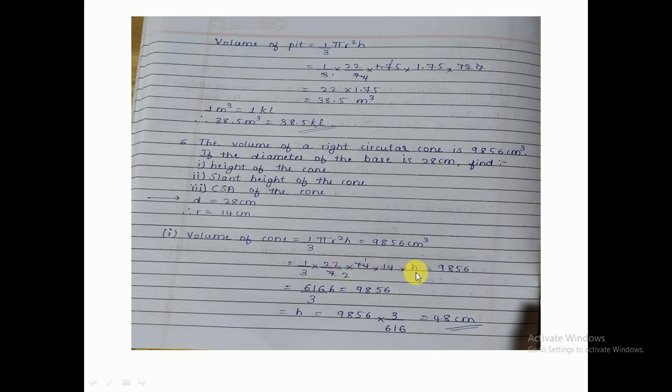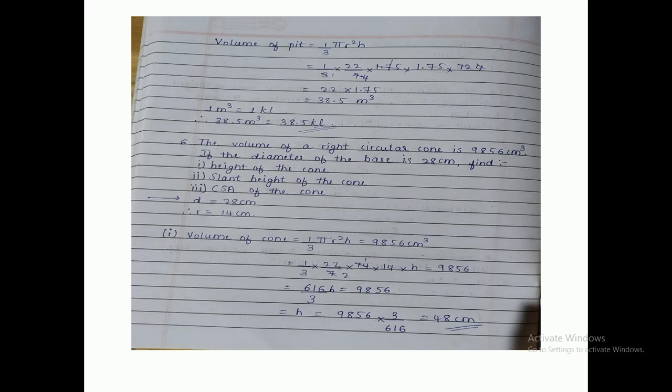Here h is unknown, keep h as it is, which is equal to 9856. After the simplification, we get 616 h divided by 3 is equal to 9856. Then h is equal to 9856 into 3 by 616. After the calculation, we get the answer 48 centimeter. So the first answer, height of the cone, is 48 centimeter.